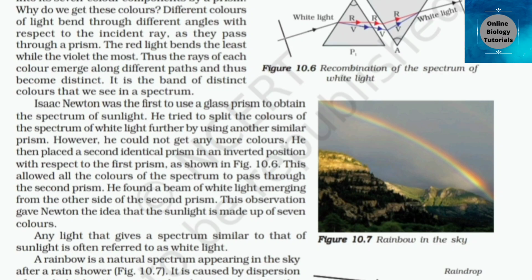This allowed all the colors of the spectrum to pass through the second prism. He found a beam of white light emerging from the other side of the second prism. This observation gave Newton the idea that the sunlight is made up of 7 colors. Any light that gives a spectrum similar to that of sunlight is often referred to as white light.